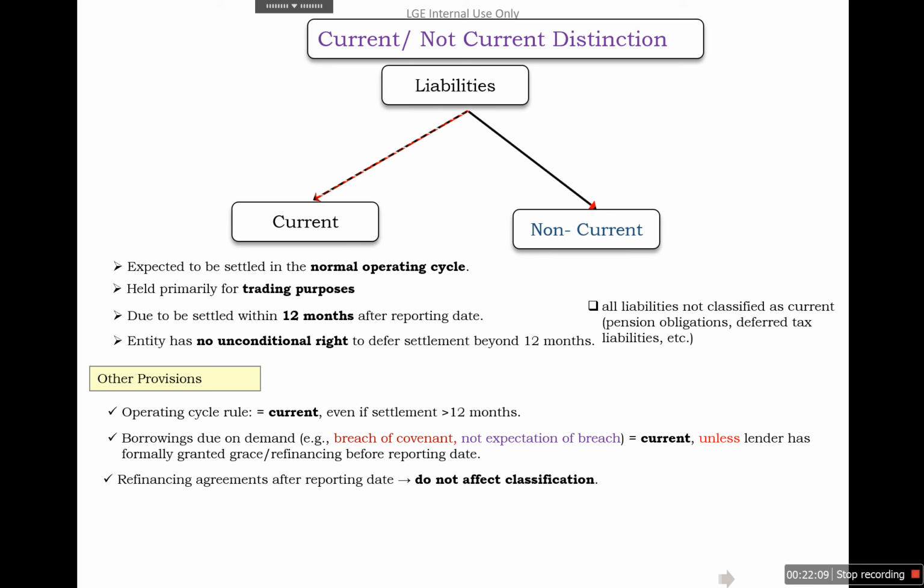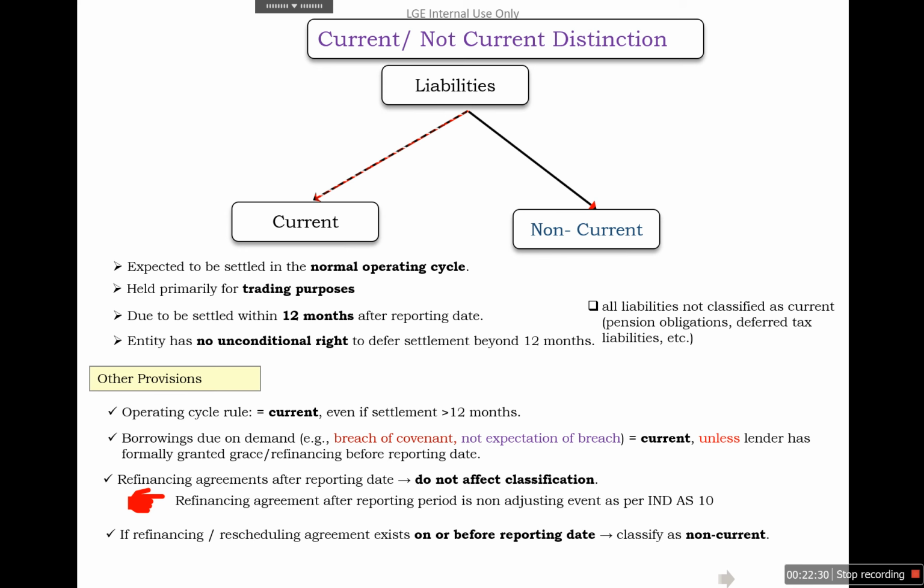Next is refinancing after the reporting date does not affect the classification, because a refinancing agreement completed after the reporting period is a non-adjusting event as per Ind AS 10. Next, if a refinancing or rescheduling agreement exists on or before the reporting date, in that case we will classify it as non-current if the period is more than 12 months.